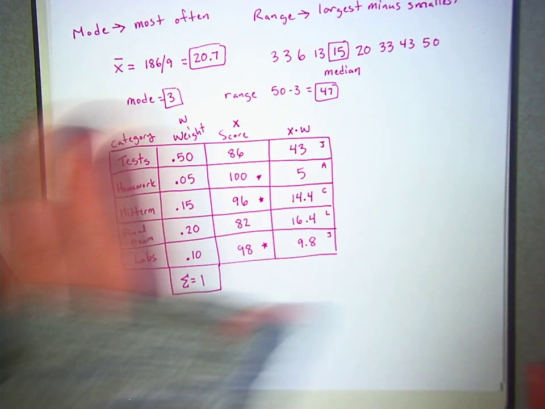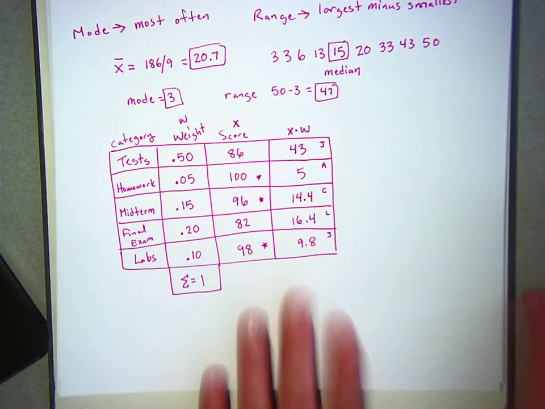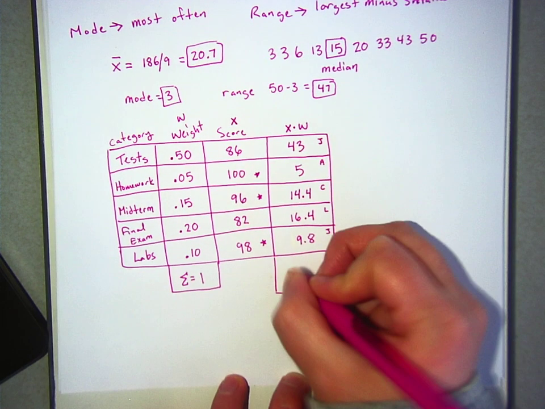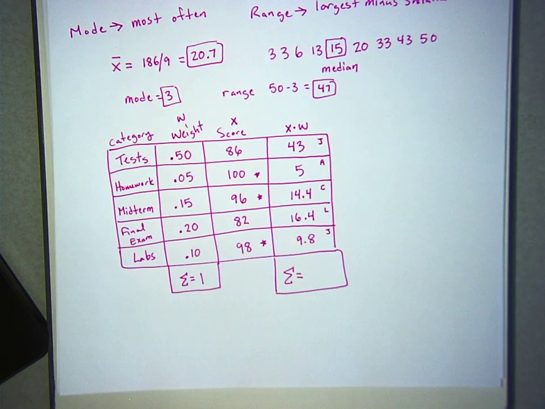Okay. You see how these are all pieces of your grade adding up together? And that when you add them together, that'll be your final grade? So now you're going to do a final summation. Pretty spot on.